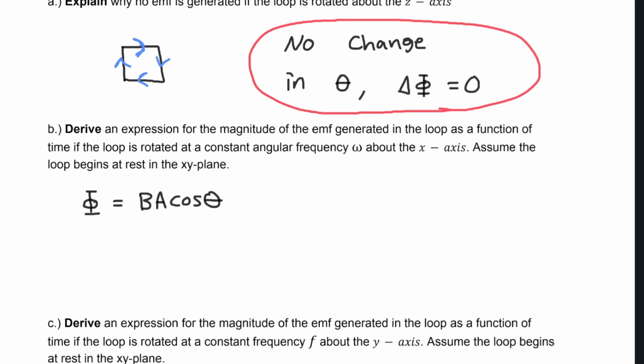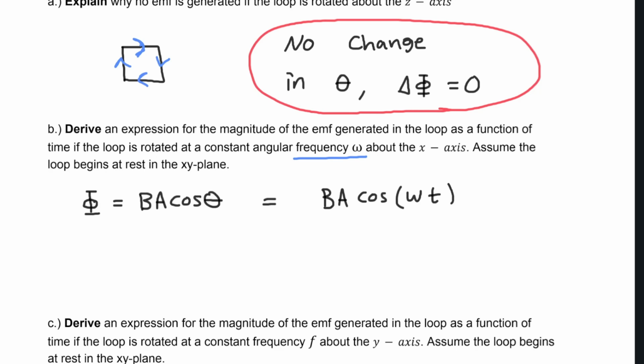So, what this tells us is that this angular frequency omega, it tells us that we'll go through an angle of 2 pi radians each second. So this just tells us that we can write our expression as B times A times cosine of omega t.